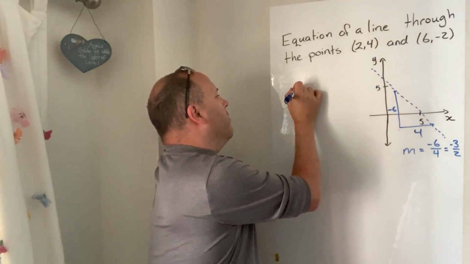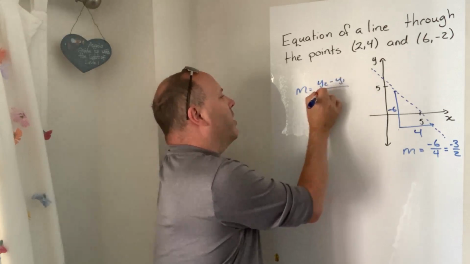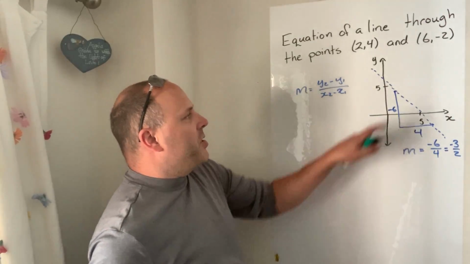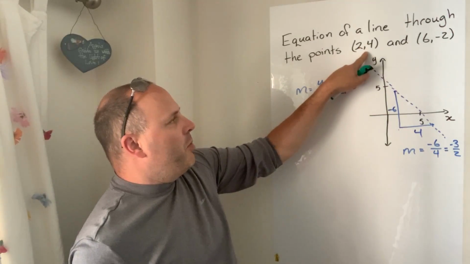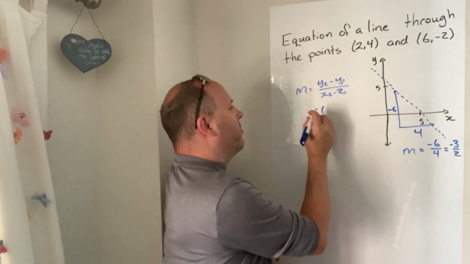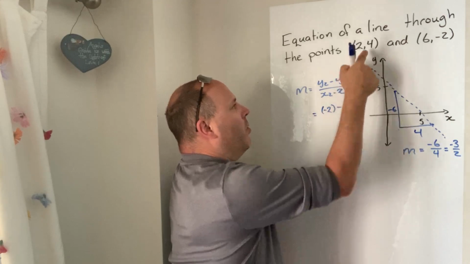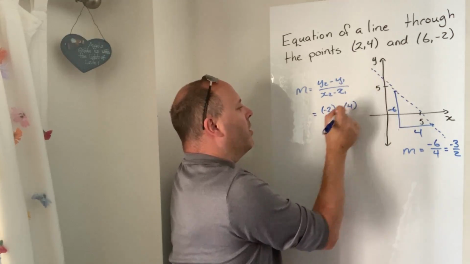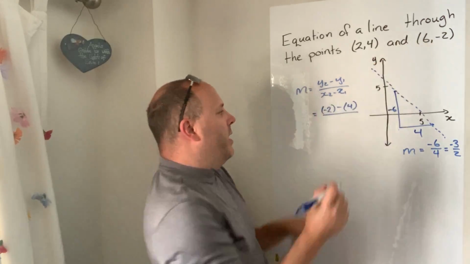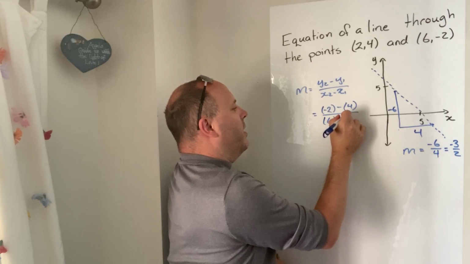Of course, if you're more of a formula person, you can calculate the slope from the formula. It's y2 minus y1 divided by x2 minus x1. Let's call this point 2 and this point 1. So we're going to do y from point 2, that's minus 2, subtract the y from point 1, that's 4, divided by the x from point 2, that's 6, minus the x from point 1, that's 2.